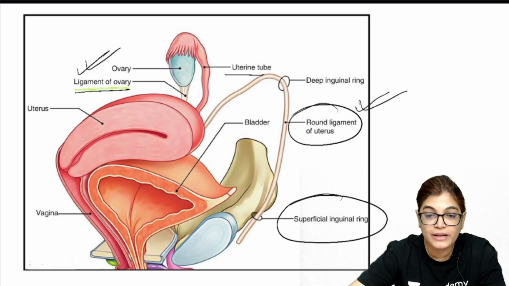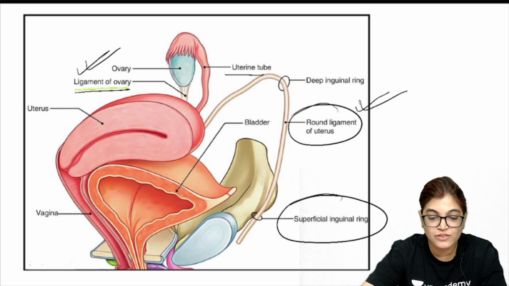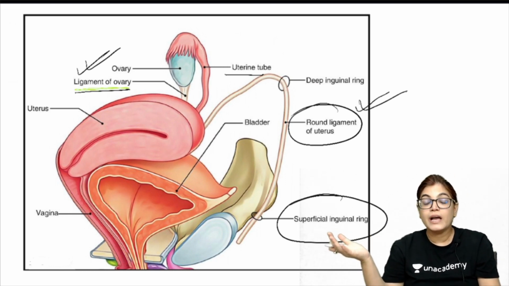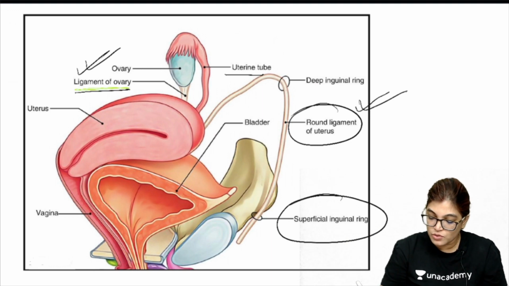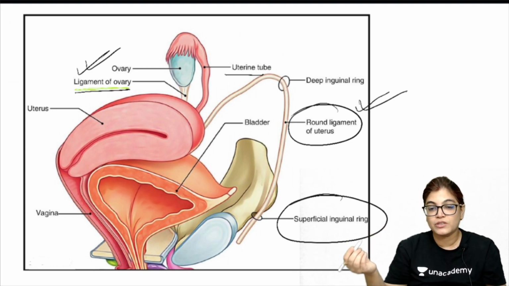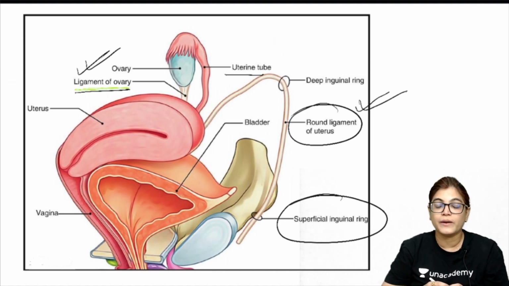After that it passes in relation with the inferior epigastric artery. It is not shown here, but it is passing on the lateral side of the inferior epigastric artery, then passes through the inguinal canal and emerges out through the superficial inguinal ring and then merges with the labia majora.